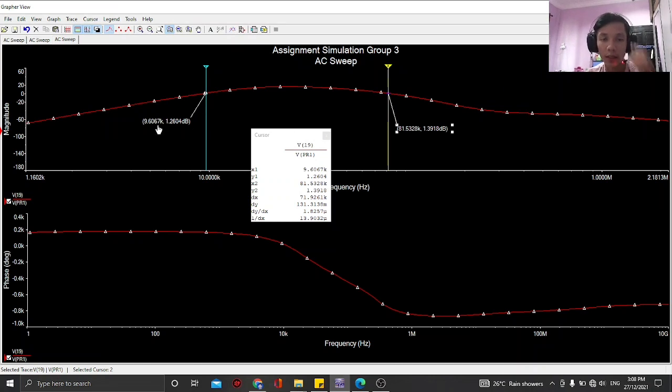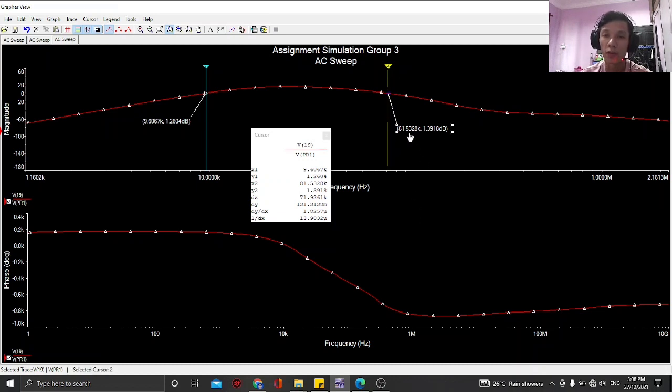The low cutoff we get from this simulation is 9.6 kHz, and the theory given for group 3 is 20 kHz, so it's not so far. For the high cutoff, group 3 is given 90 kHz, but we get 81.532 kHz in simulation.